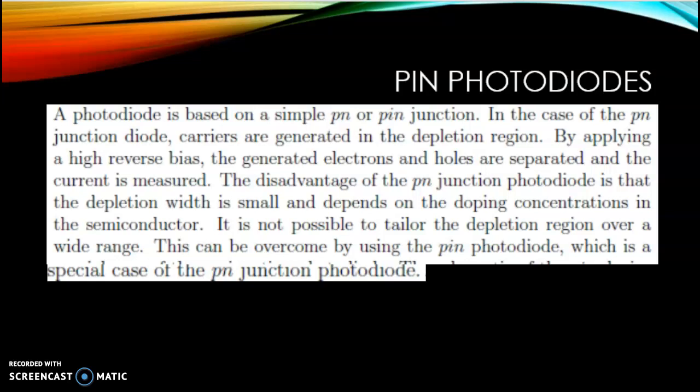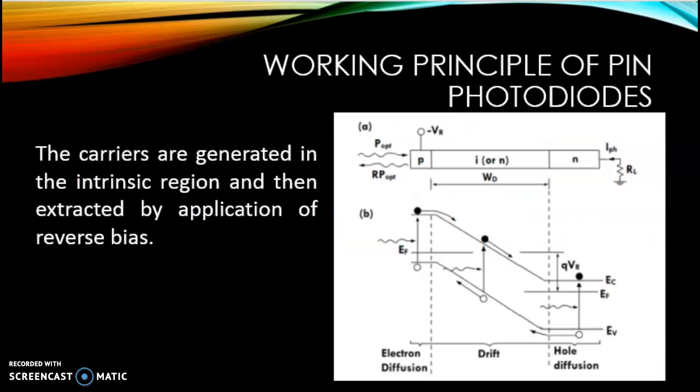This can be overcome by using the PIN photodiode, which is a special case of a PN junction. Here we will discuss the working principle of PIN diode. The PIN photodiode is a commonly used photodetector. It is basically a PN junction diode with a thick depletion layer which is nearly intrinsic, that is slightly p-type or n-type, sandwiched between p plus and n plus regions.